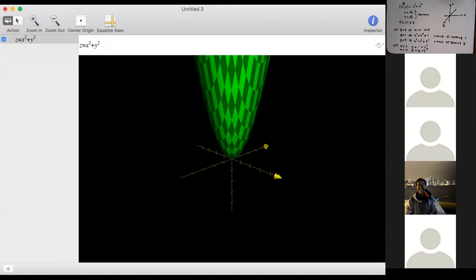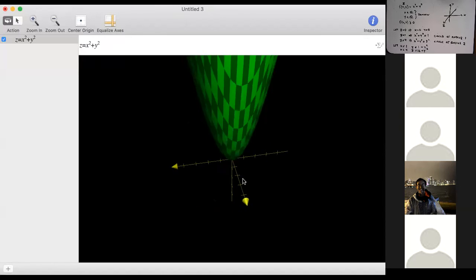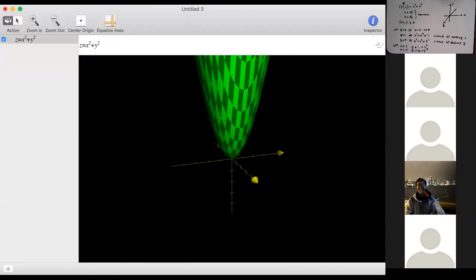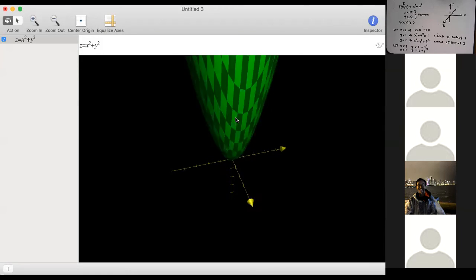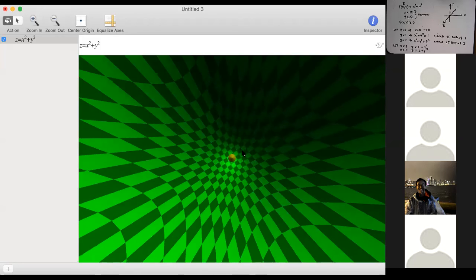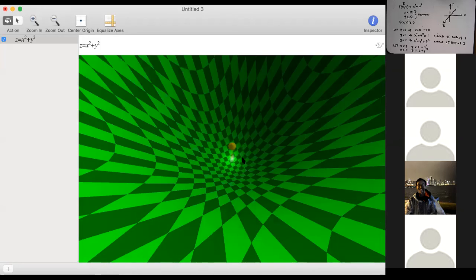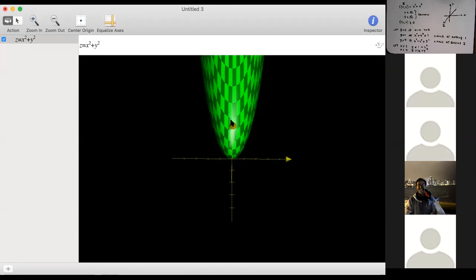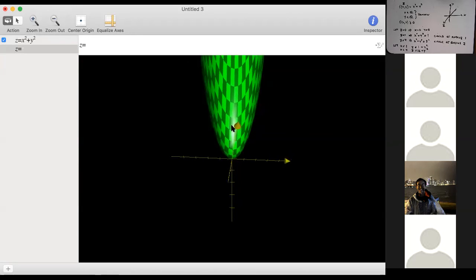Okay, so the way that this system is set up, we have the x-axis pointing to the right on the screen, the y-axis pointing out towards us, and the positive z-axis is going up. And I'm just going to drag this around so you can see what it looks like. So here, kind of looking straight down at it, we can see where those circular cross sections would come from. I'm actually going to add some planes here.